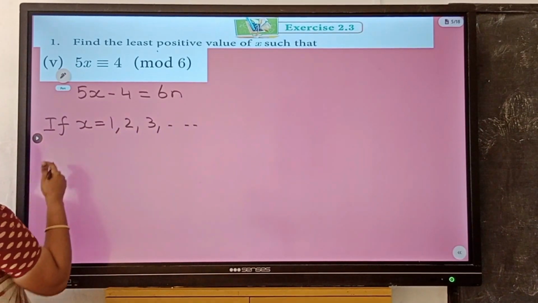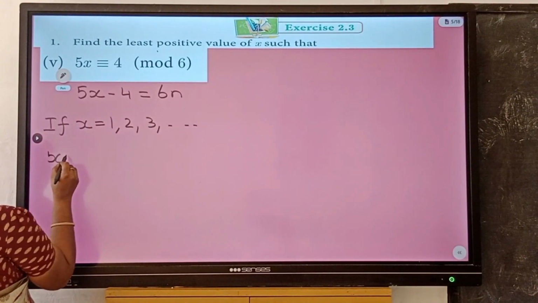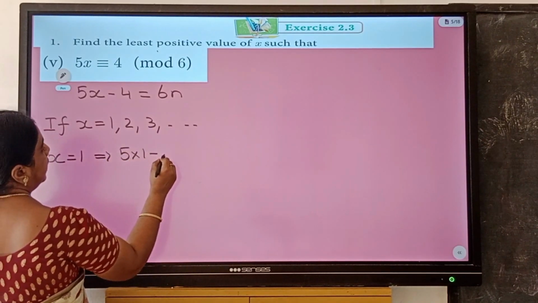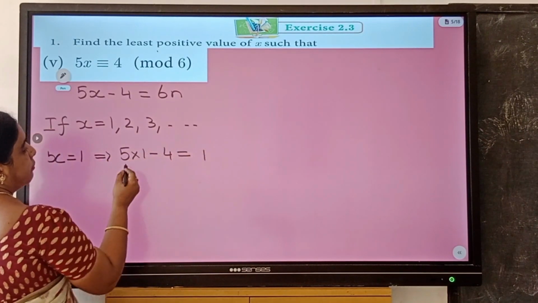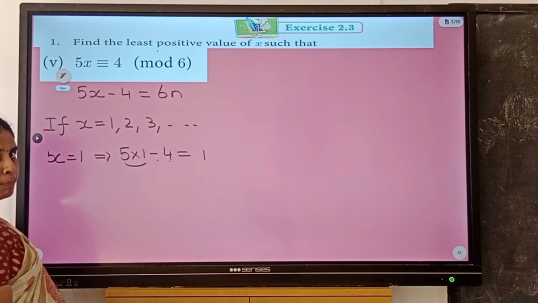When x is 1, 5 into 1 minus 4 will be 1. 5 ones are 5 minus 4 is 1, which cannot be a multiple of 6.